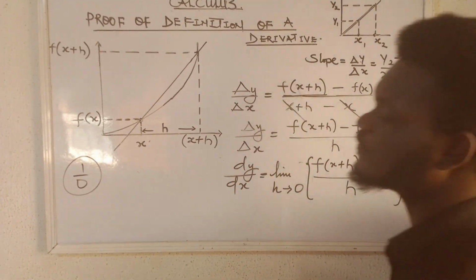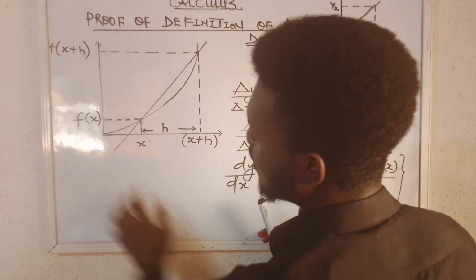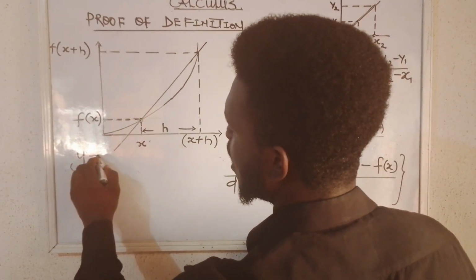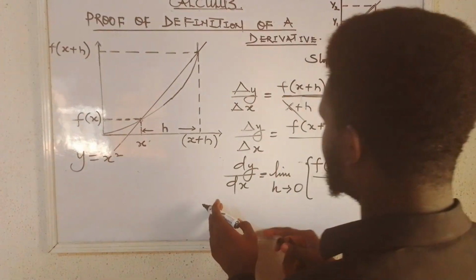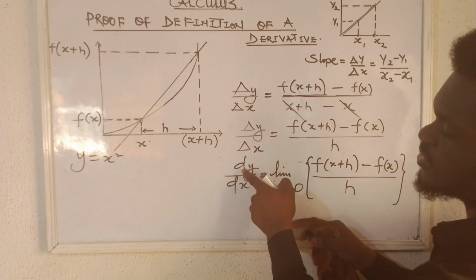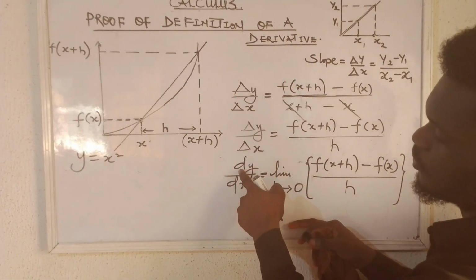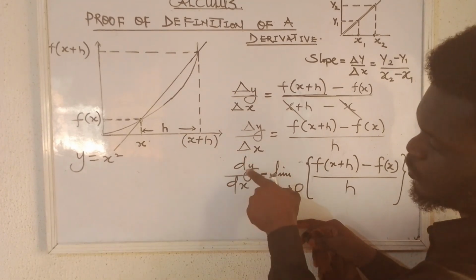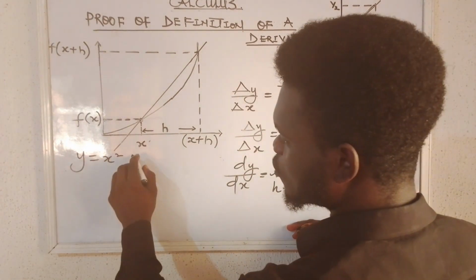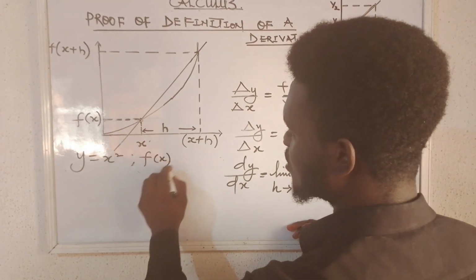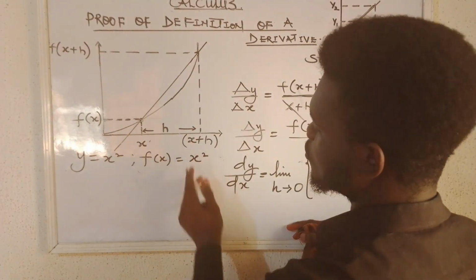So if you are given any function, let's say y equals x squared, and we are told to find the slope, the change with respect to x. Now, what do we need to note here? This also means function of x equals x squared.